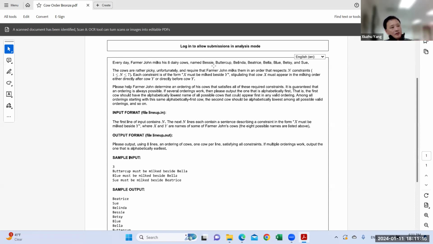So you have to chain with you, or you have to chain with me, right? It really doesn't matter the order, as long as they stay together, they're chained. That's good. And you see a cow can only be chained to two other cows, it cannot be three because it's linear.